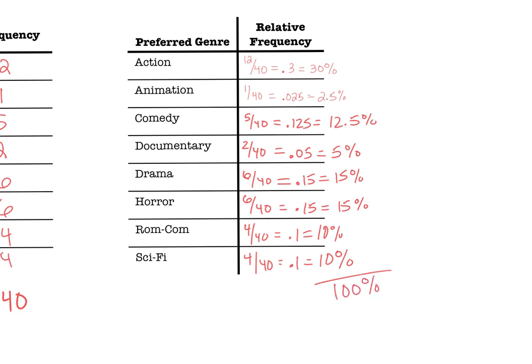Or if you're checking the decimals, they should add up to equal simply 1. So again, 0.025 and 0.25, that's 0.15, that's 0.45, and then you continue on, we do end up with 1. So when you're checking your relative frequency table to make sure you did it right, all you need to do is add up your decimals to get 1, or add up your percentages to get 100.